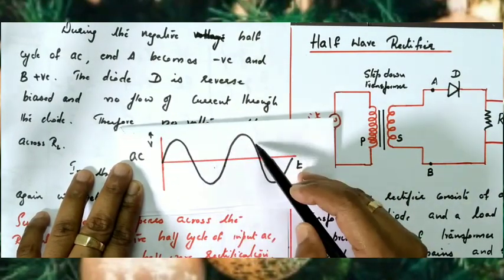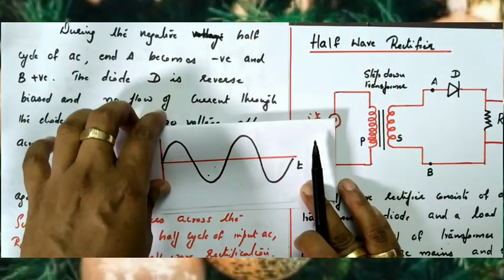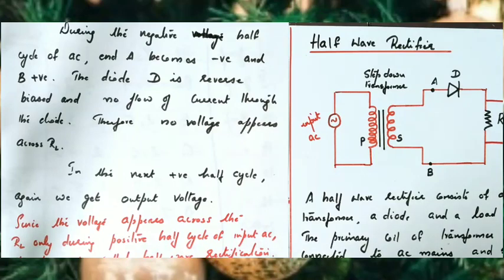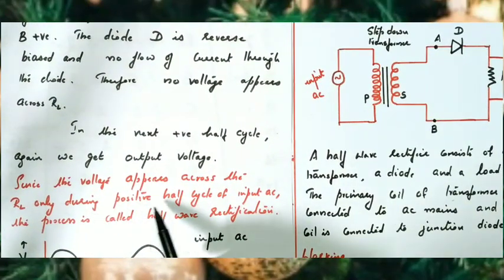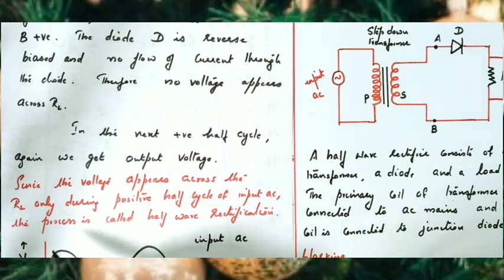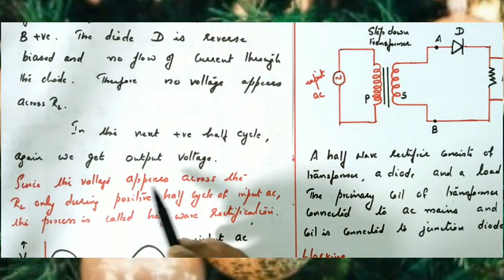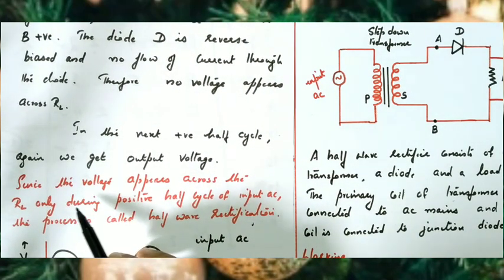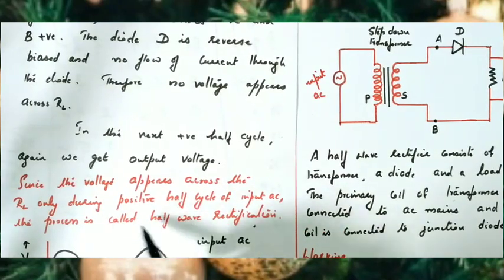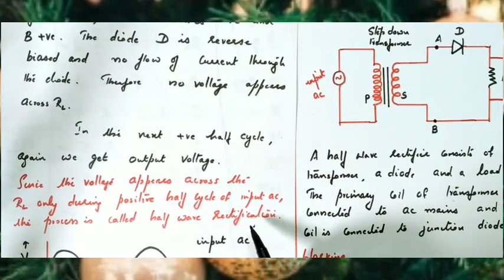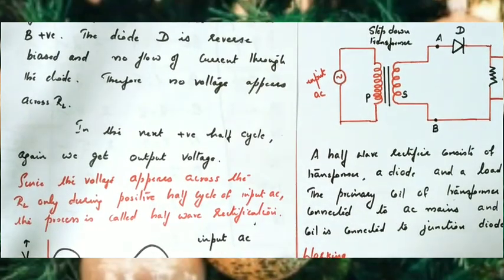Since the voltage appears across the load resistance only during the positive half cycle of input AC, the process is called half wave rectification and the device is called the half wave rectifier.